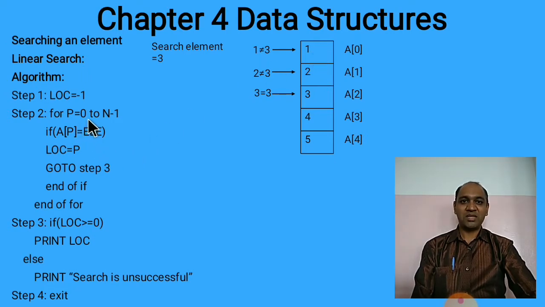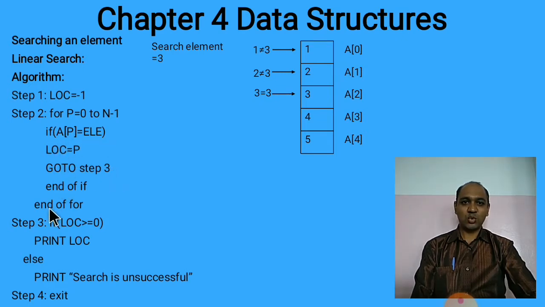Next, if a of p, that is for the first time a of 0 consisting of 1, is equal to ELE, the search element, which is 3. Here 1 is not equal to 3, hence the condition fails. Then location is equal to p and go to step 3 will not get executed because the condition is false.